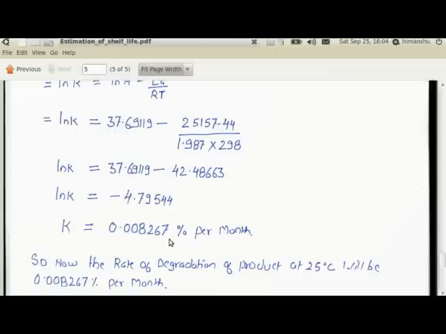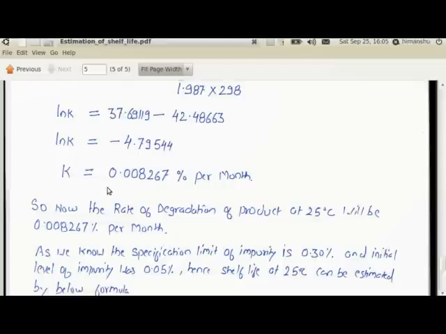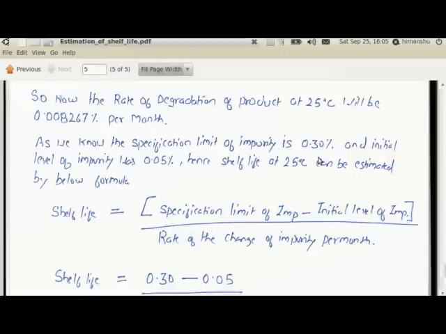Now we can calculate with this the rate of the change of impurity per month for 25 degrees centigrade. So the rate of the change of impurity per month at 25 degrees centigrade will be 0.008267% per month.